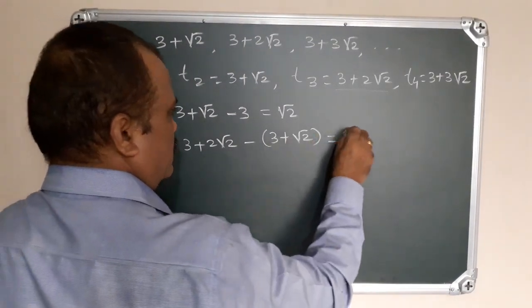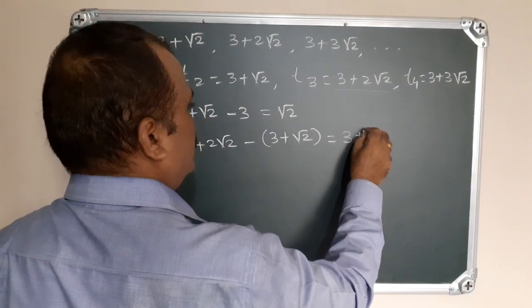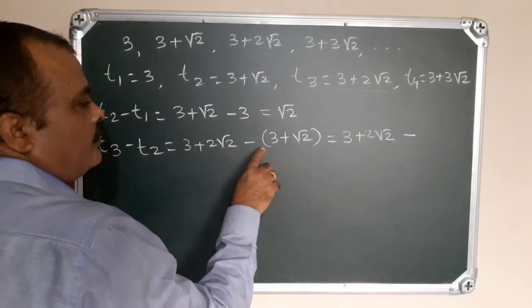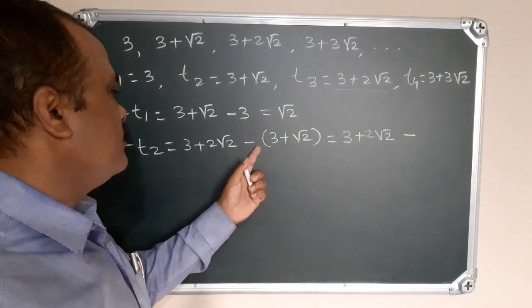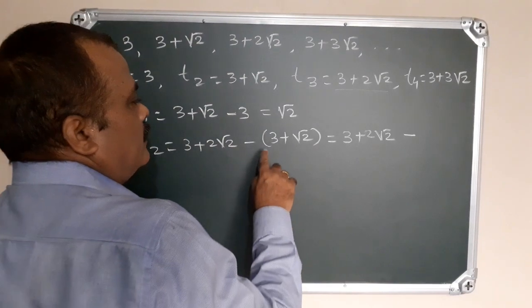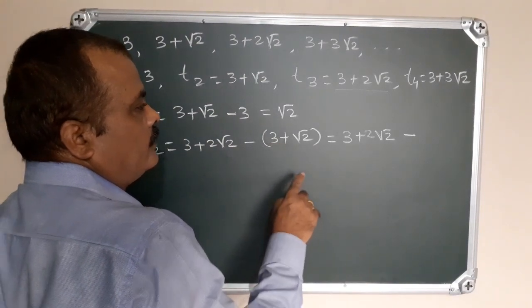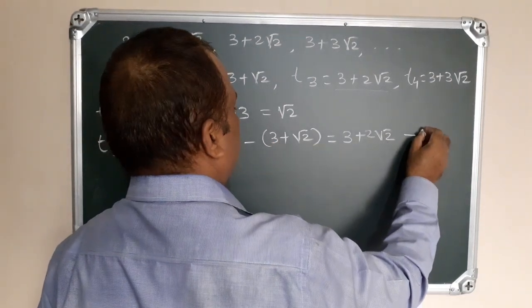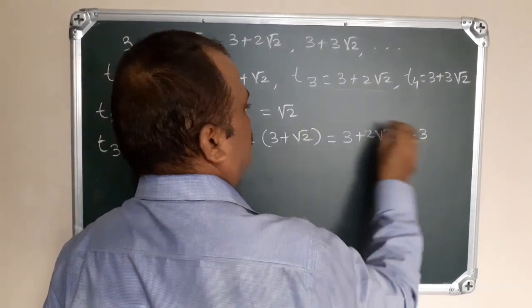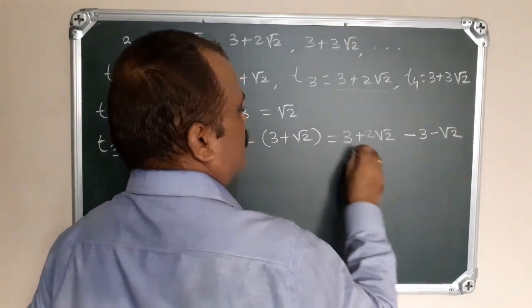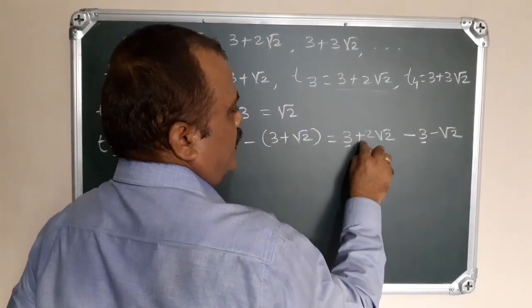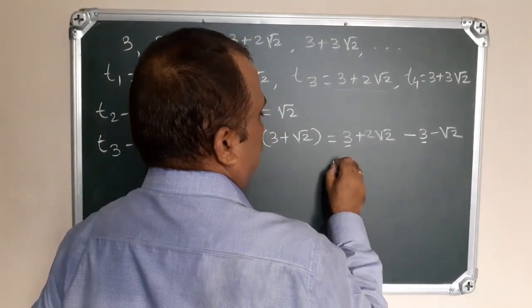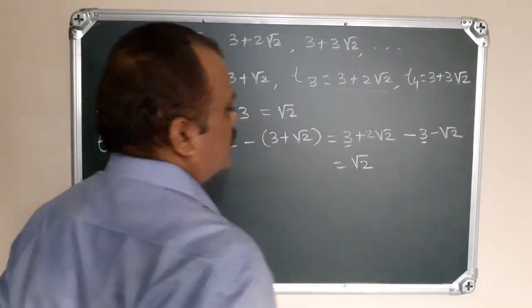So write this as it is, 3 plus 2 root 2 minus, and if there is a minus sign outside the bracket, then change the signs of all terms inside the bracket. So minus 3, and it will be minus root 2. So 3 minus 3 is 0, and 2 root 2 minus root 2 is 1 root 2, that is root 2.